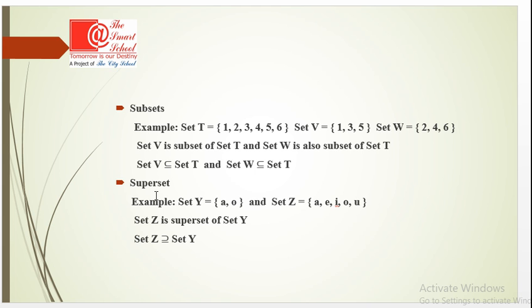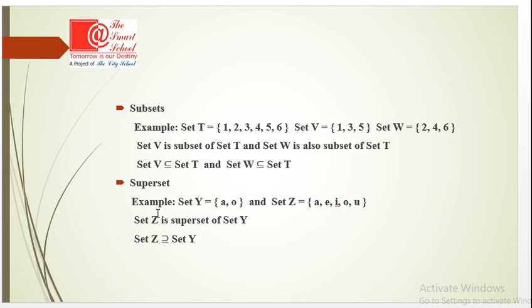Now superset. It is the opposite of subset. When a set is fully contained in a set, it is a subset, and the bigger set is the superset. Or we can very easily say that superset is the opposite of subset, or subset is the opposite of superset.